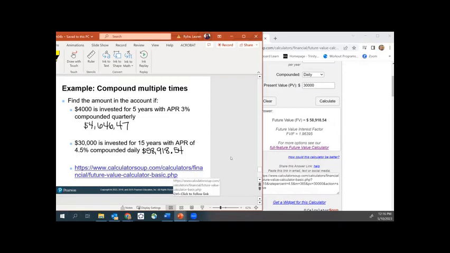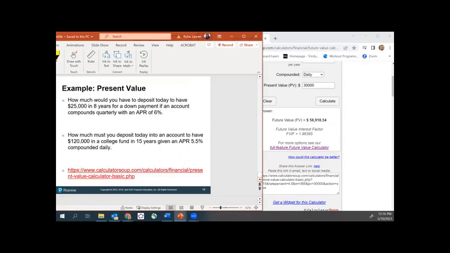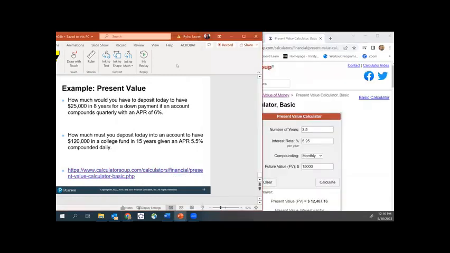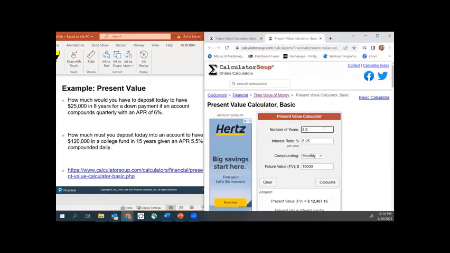The next set of problems we're going to look at here is present value. So let me open that calculator. And again, this is one that wants us to go the other way. So the question is going to sound a little different. How much would you have to deposit today to have $25,000 in 8 years for a down payment if the account compounds quarterly with an APR of 6%? It's going to look similar. Number of years, 8.